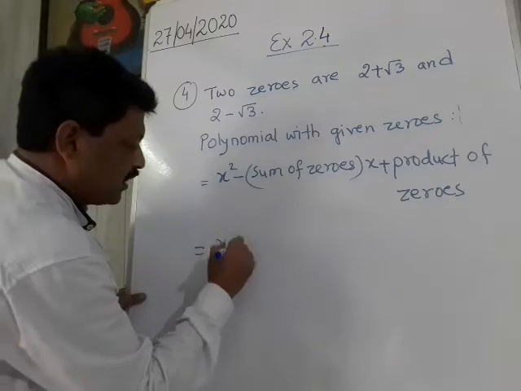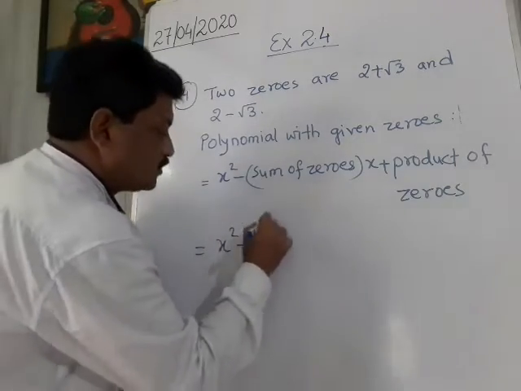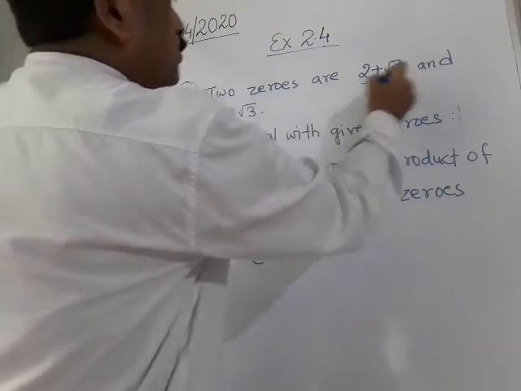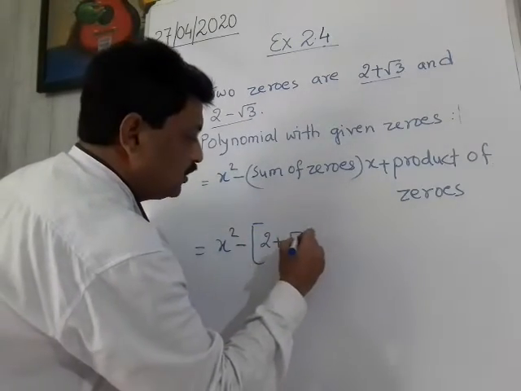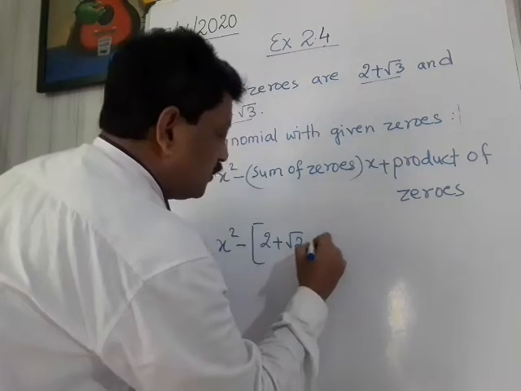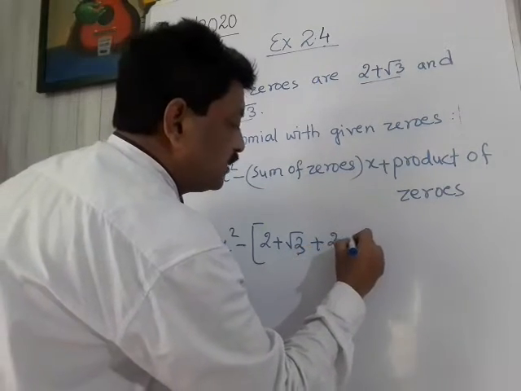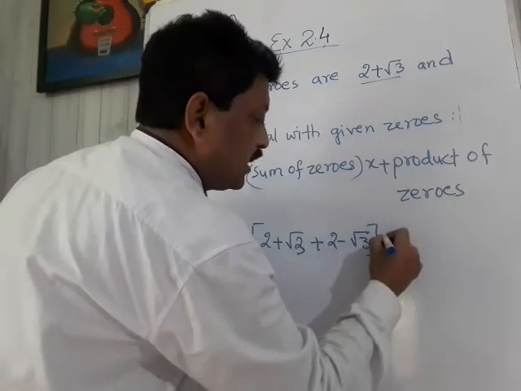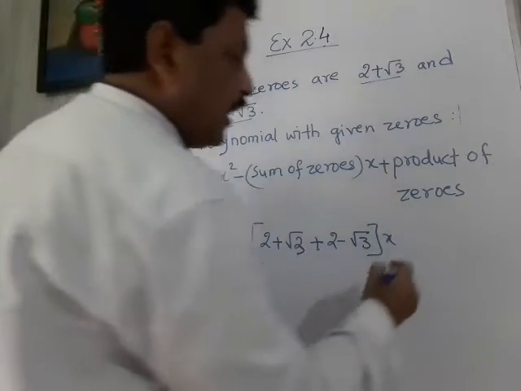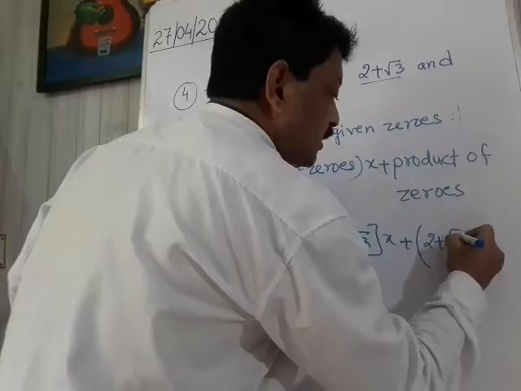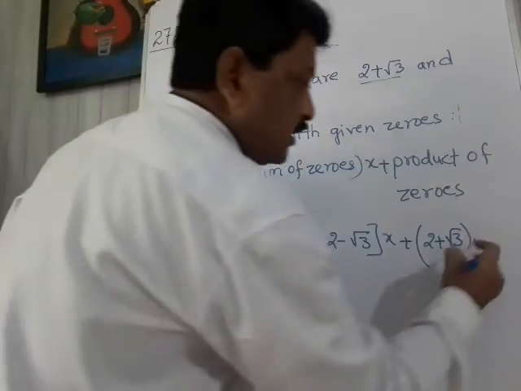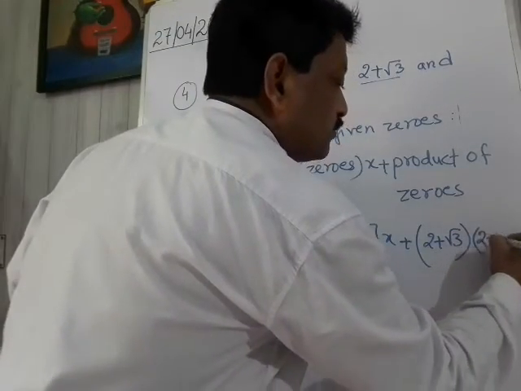So x square minus sum of the zeros, means sum of 2 plus root 3 and 2 minus root 3, so 2 plus root 3 plus 2 minus root 3, multiplied by x, and product of the zeros means 2 plus root 3 multiplied by 2 minus root 3.